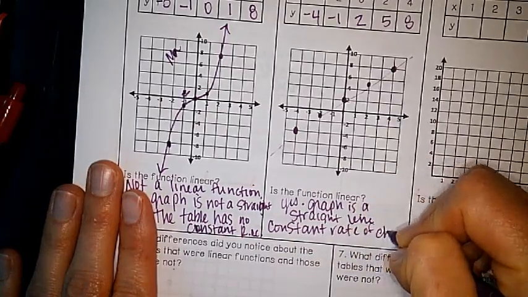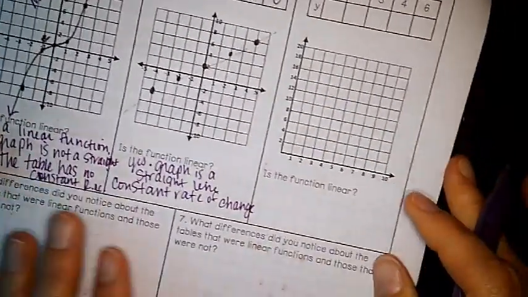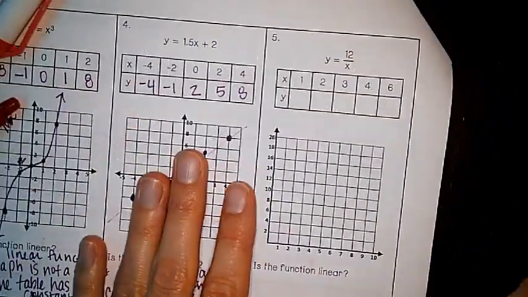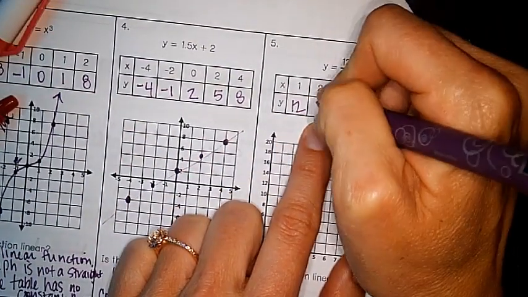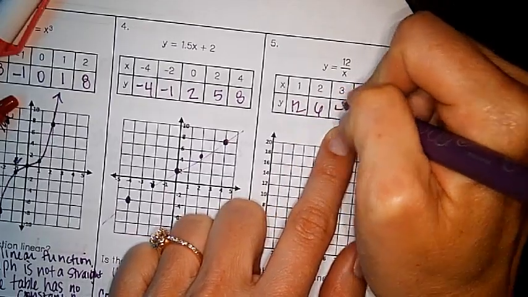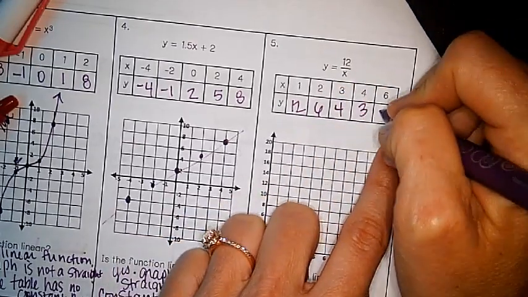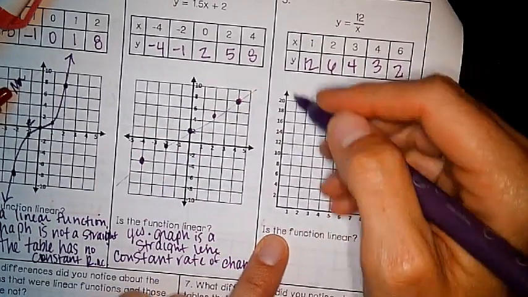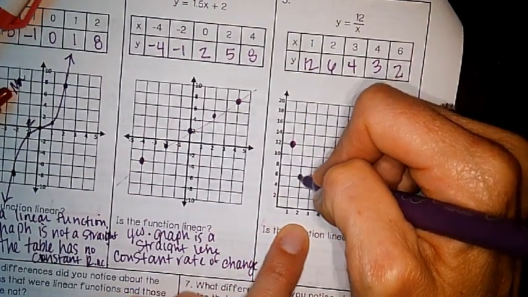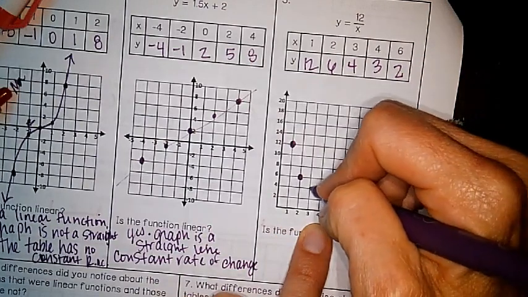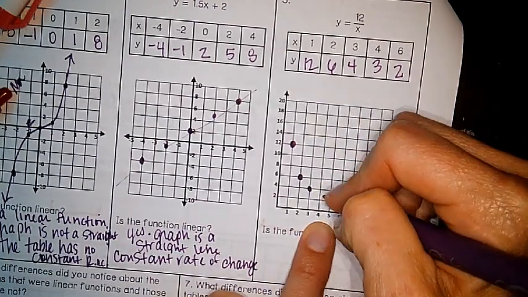Okay. Number 5. 1 gives what? 12. 2 gives what? 6. 3? 4. 4? 3. 6? 2. Okay. If we graph it: 1, 12. 2, 6. 3, 4. That looks weird. 4, 3. 6, 2.